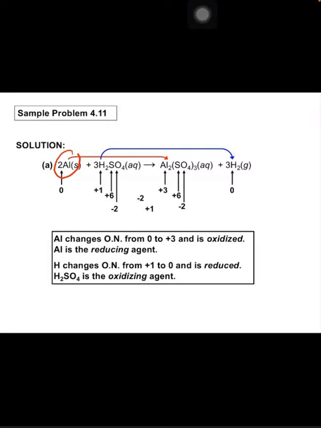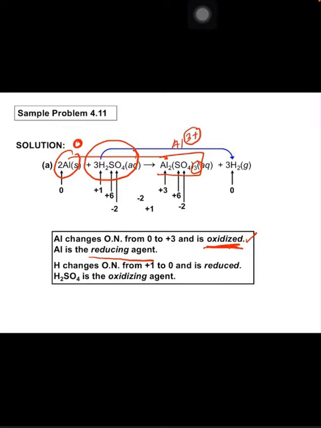And then after kalau kita tengok kat sini dia adalah aluminium 3 plus. So clearly kita nampak kat sini oxidation number of aluminium asalnya kosong then it increases to plus 3. So dalam case ni kita tahu aluminium is oxidized and automatically aluminium is known as reducing agent sebab dia akan mempengaruhi ini to be reduced.